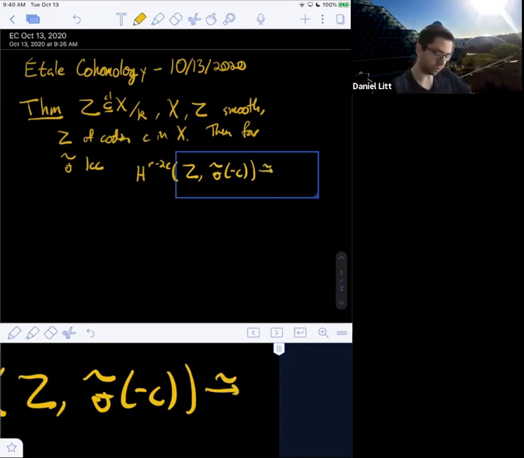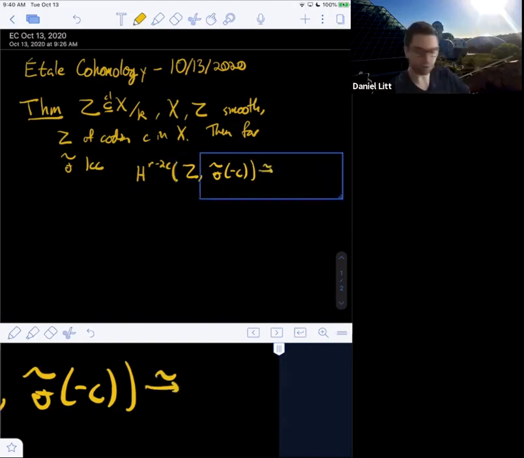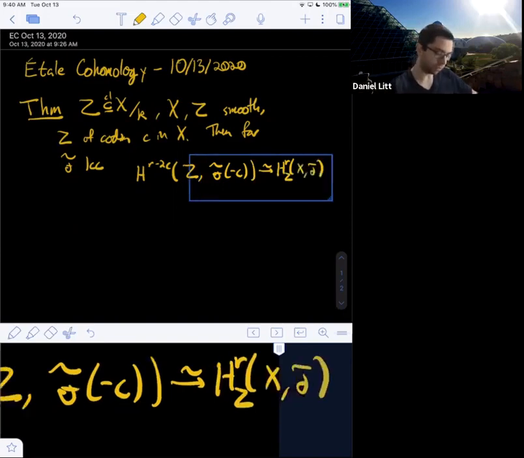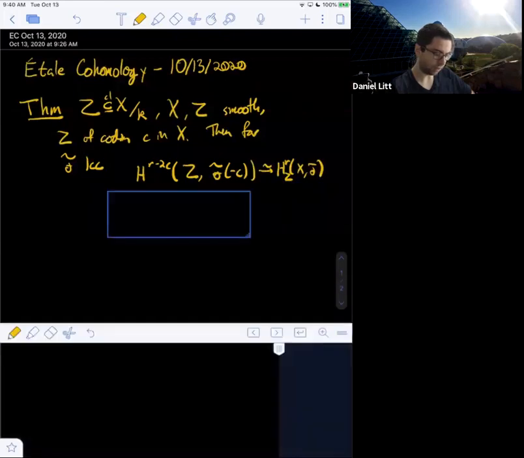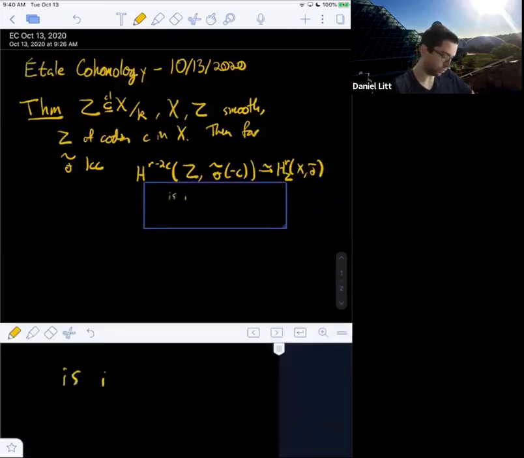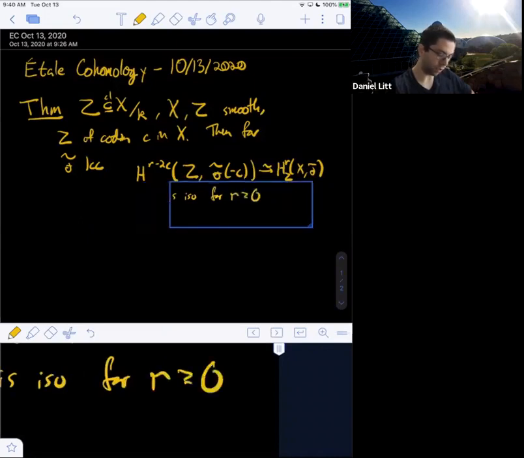So the claim was that there's a canonical isomorphism like this between this group and the Artin cohomology with supports in Z of F itself. What you should think of is a computation of this group, and this is an isomorphism for all r.